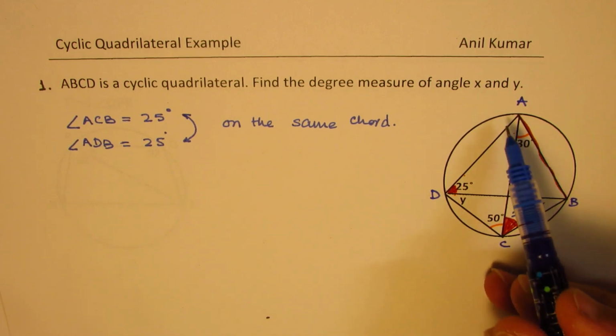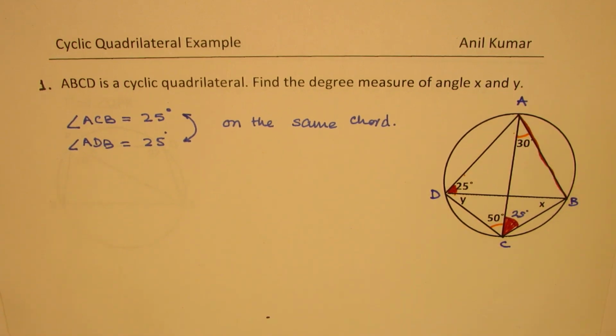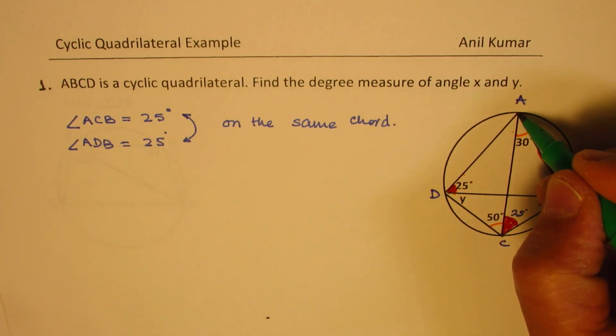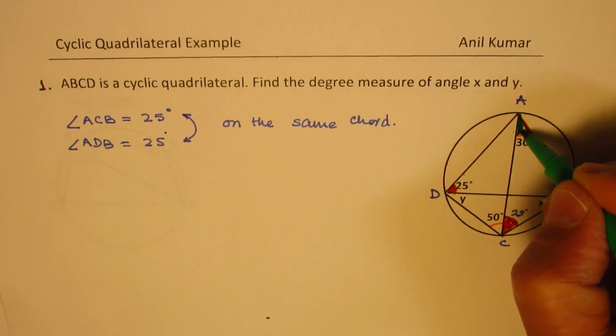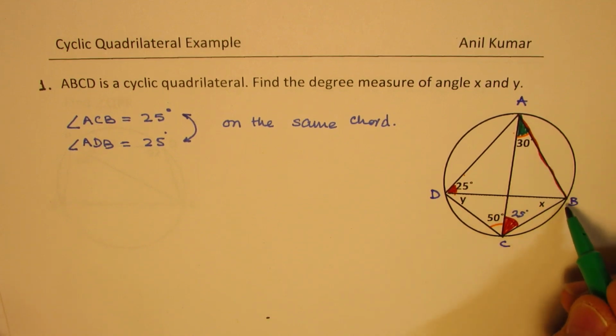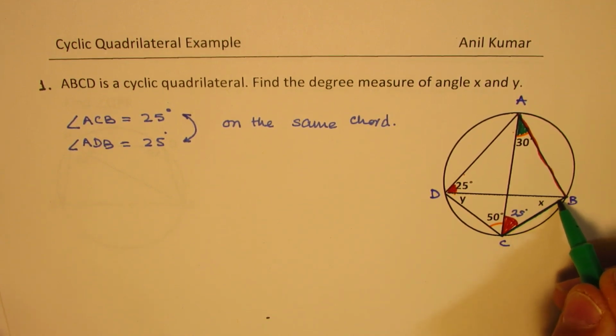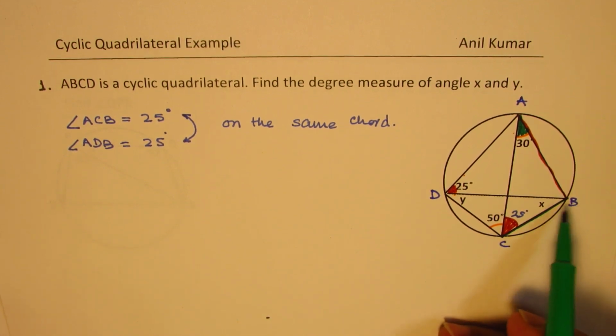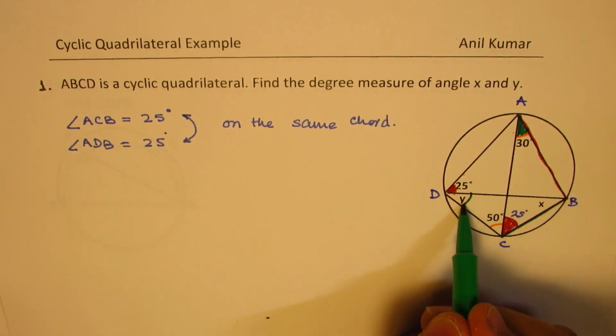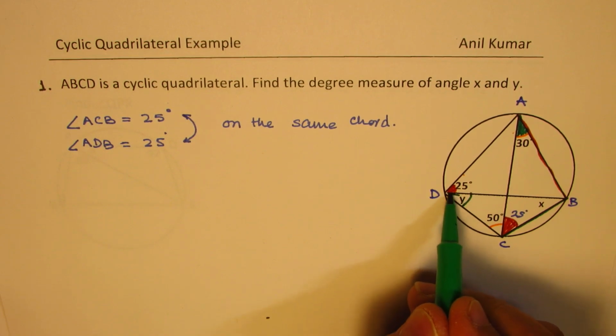Now, using the same property, you could also see here that this angle 30 degrees is on the chord CB. Correct? Now if you see the CB chord, then angle Y should be same as 30. Do you see that?